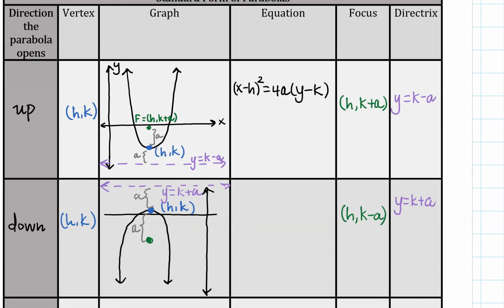The only difference between the equation for a parabola that opens up and the equation for a parabola that opens down is (x - h)^2 = -4a(y - k). So when the parabola opens down, we stick a negative in front of our 4.